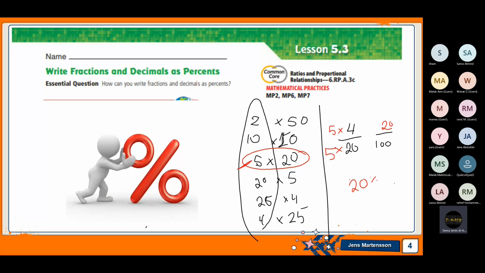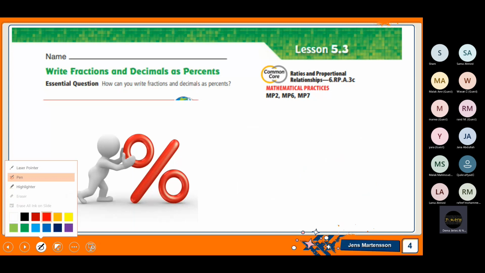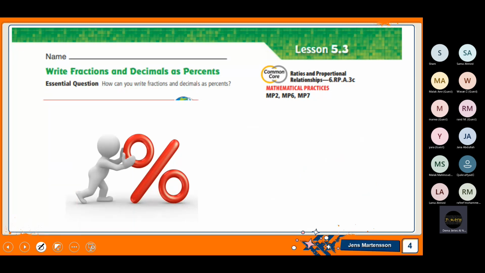This is for the fraction. Now, what about the decimal? For the decimal, it's so easy. If it is like 0.37, what you will do?